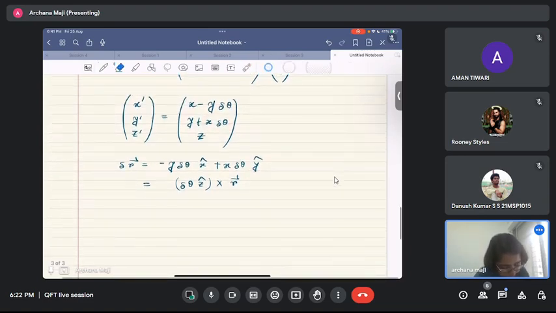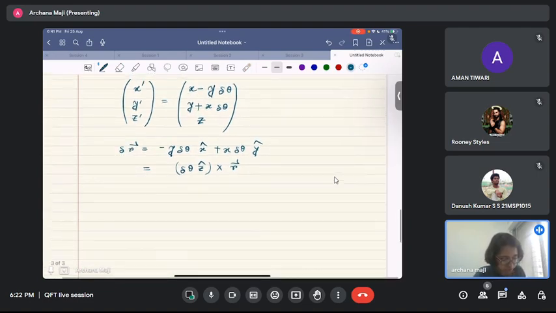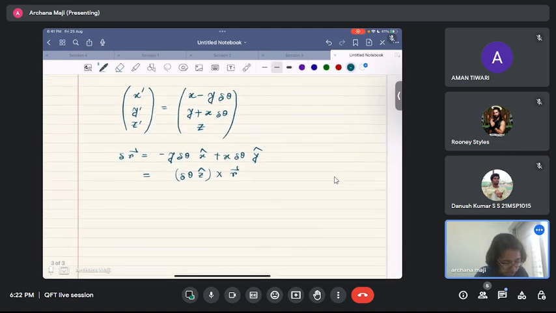Okay. So this is delta theta along z cross r. Is this clear now?